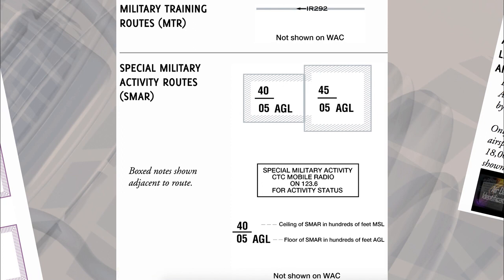And then, of course, you have military activity areas, these SMARs, and they act, as far as their fractions are concerned, similar to the other fractions we've seen where you add some zeros. Again, they're not prohibited or restricted, so they're not regulated. You may fly in there, but again, special military activity could be going on in there. You want to make sure you're being vigilant.